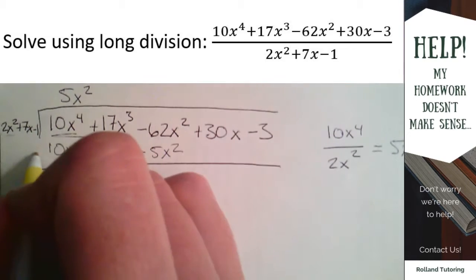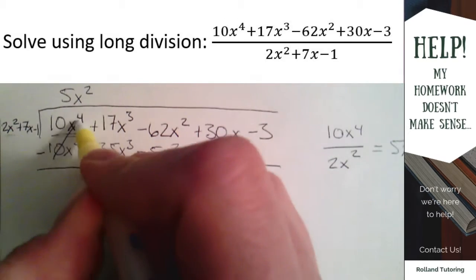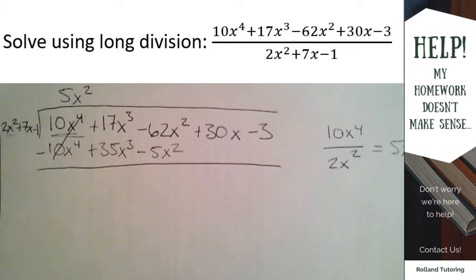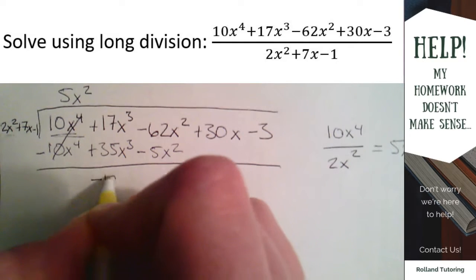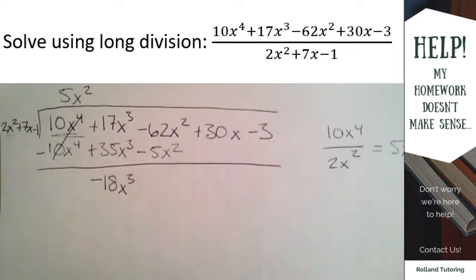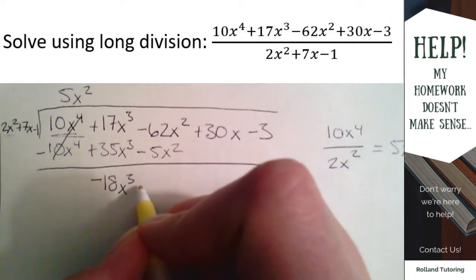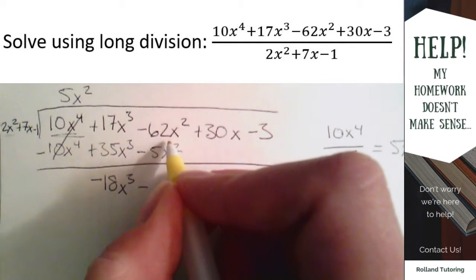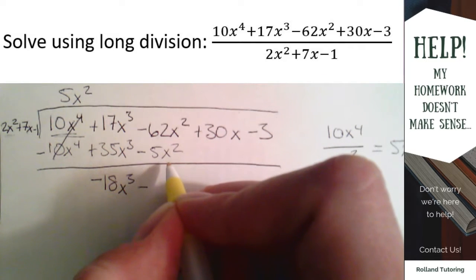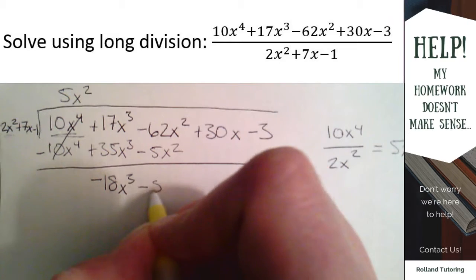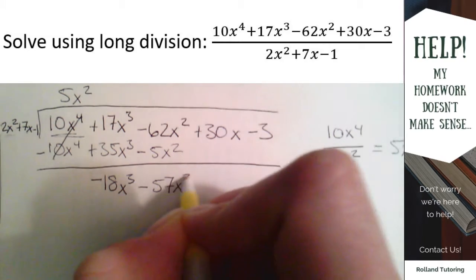So I'm going to go ahead and subtract all of this, which means these cancel out. I get 17 minus 35, which gives me negative 18x cubed, minus negative 62 minus 5 actually gives me 57x squared.